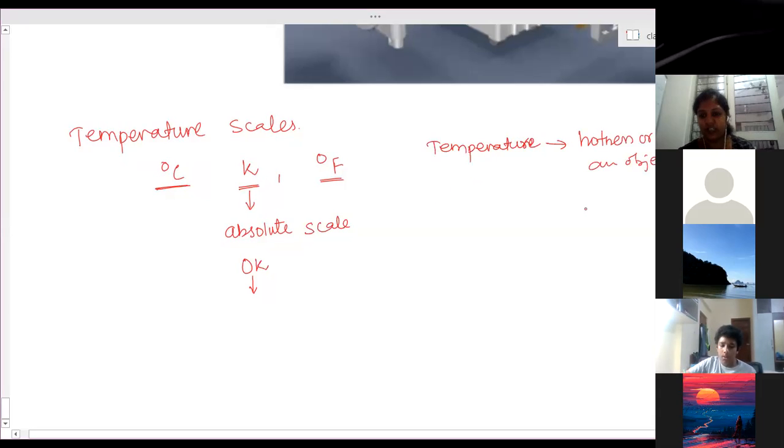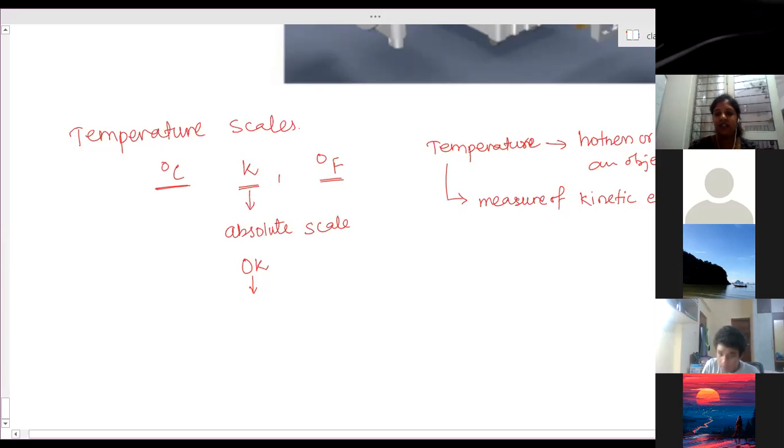That means it is a measure of heat energy. But actually for all the particles, temperature is the measure of kinetic energy of the particles.